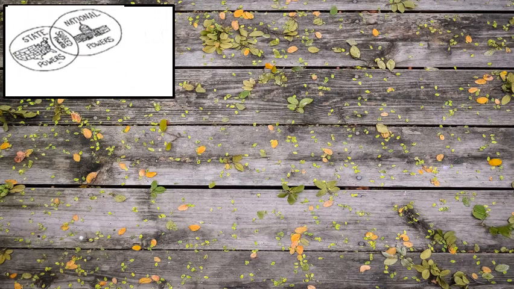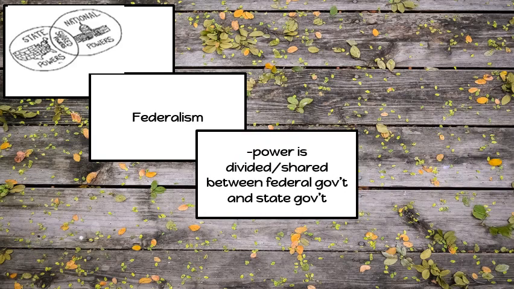All right, our next principle is federalism. I'll just give you a heads up, this one's a little bit more difficult. Hopefully this picture kind of gives you an idea. Federalism is the power that is shared or divided between the federal government and the state government.